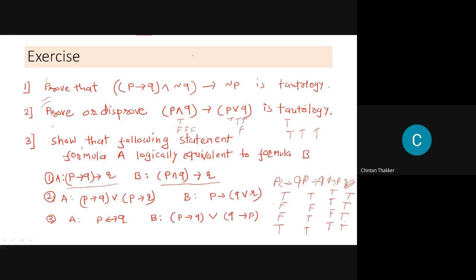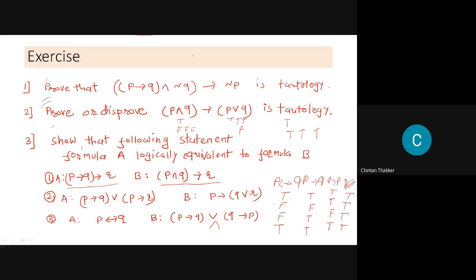Suppose here, in place of this OR statement, an AND statement is given. Then what happens?